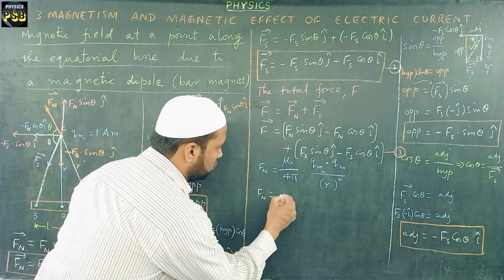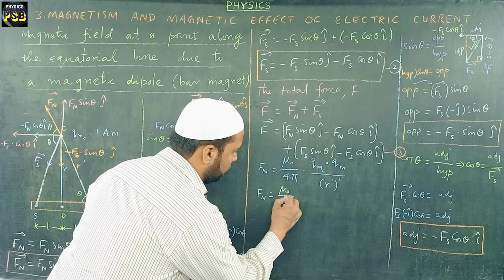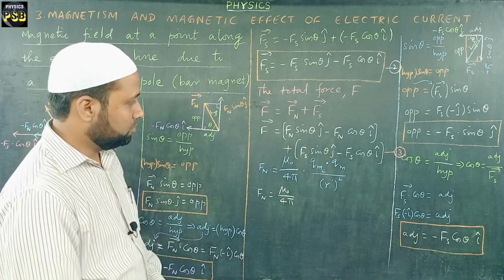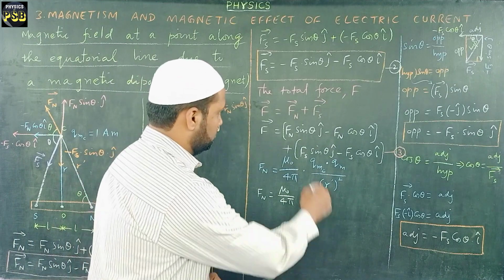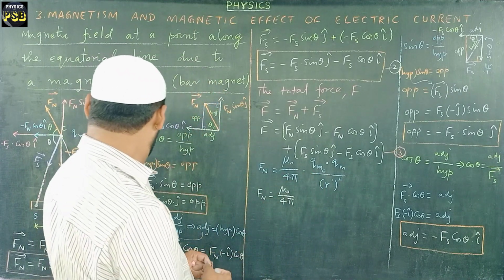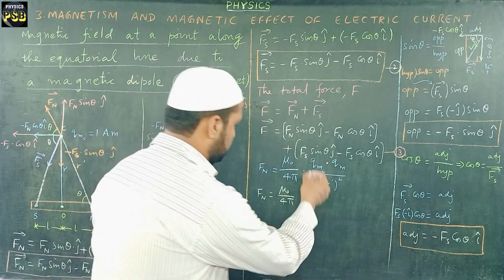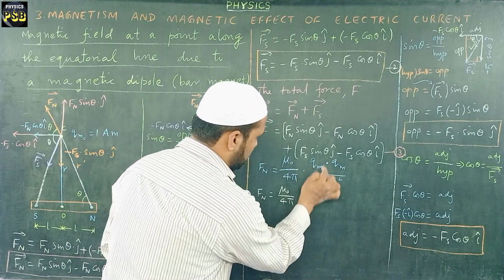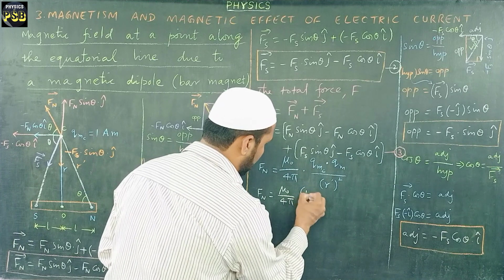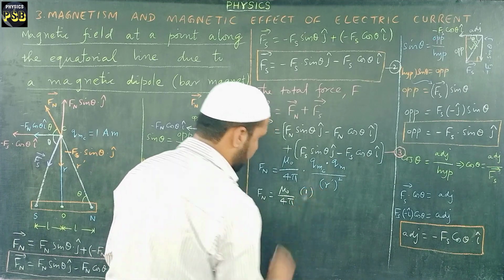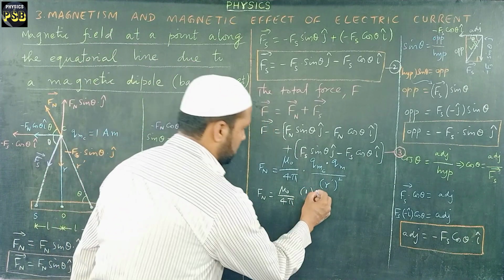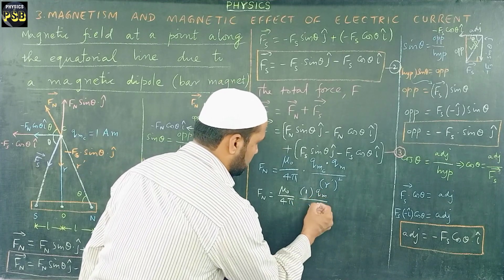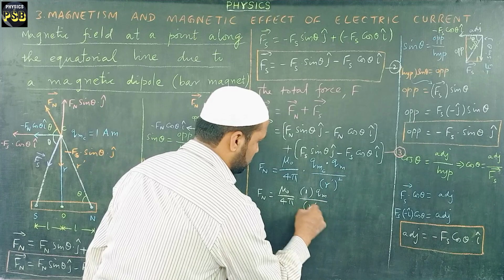So do I obtain this? Fn equals mu naught divided by 4 pi, and in the place of QmC I write 1. Then here Qm divided by r dash whole square.